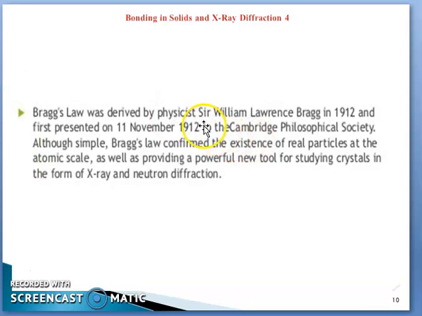Bragg's law was derived by physicist William Lawrence Bragg in 1912 and first presented on 11th November 1912 to the Cambridge Philosophical Society. Although simple, Bragg's law confirmed the existence of real particles at the atomic scale, as well as providing a powerful new tool for studying crystals in the form of X-ray and neutron diffraction.